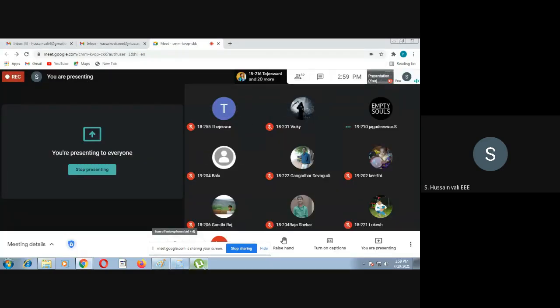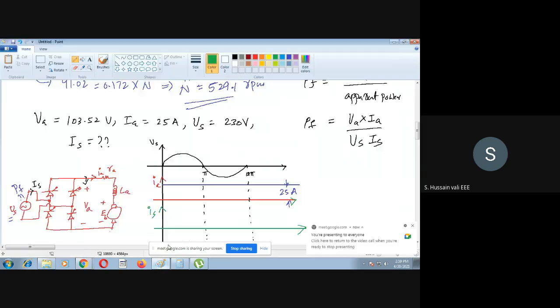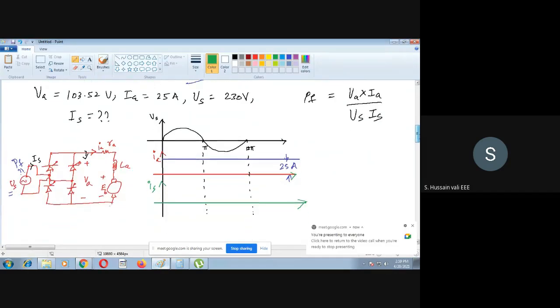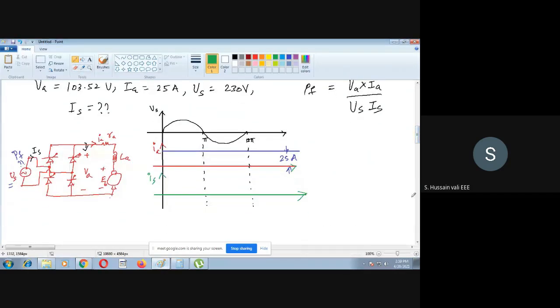this current waveform? We want to know the RMS value of IS. So please see this now. Where is alpha? Alpha is somewhere here. This is alpha.